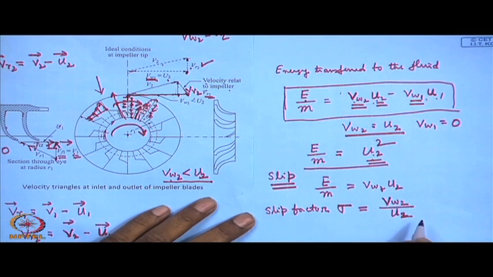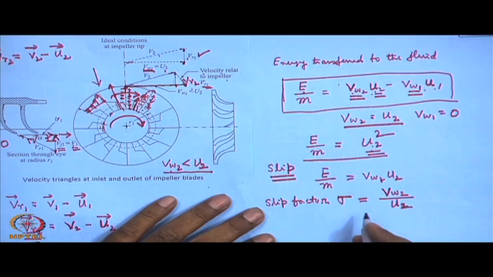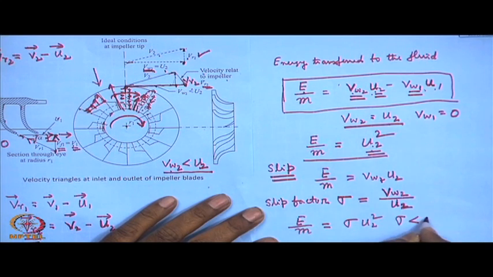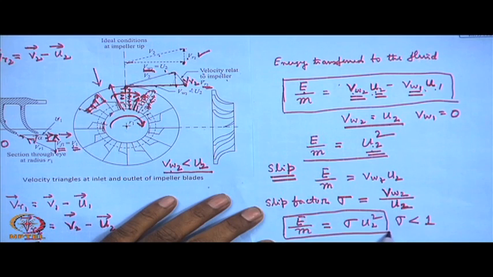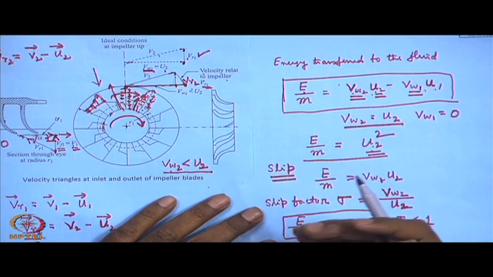If the slip factor is defined like this, then the energy per unit mass is sigma U2 square, and sigma is less than 1. Because of this slip, a smaller amount of energy is imparted to the fluid as compared to that if there had been no slip.